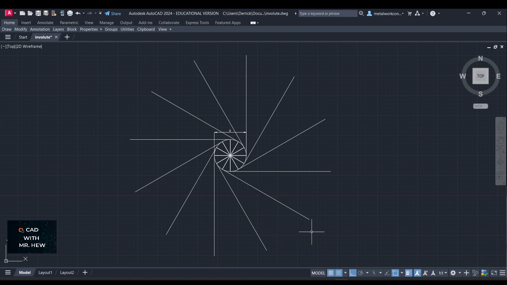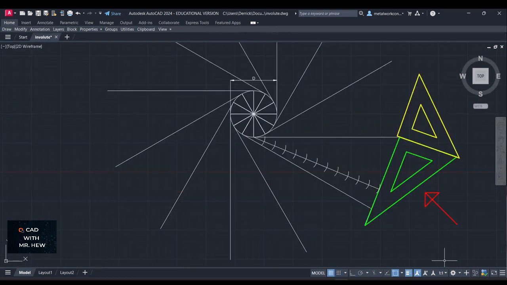Now the next thing we're going to do is divide the horizontal line, the first line that we started with, into 12 equal parts.